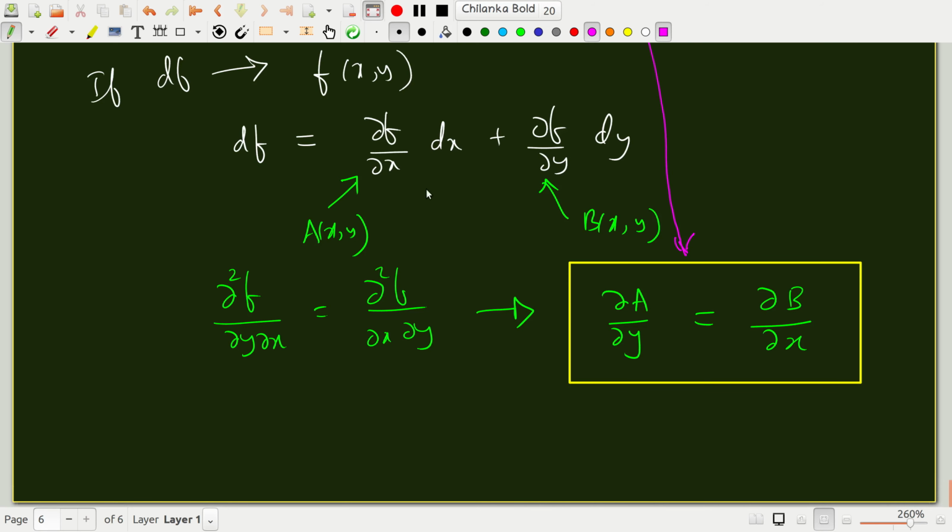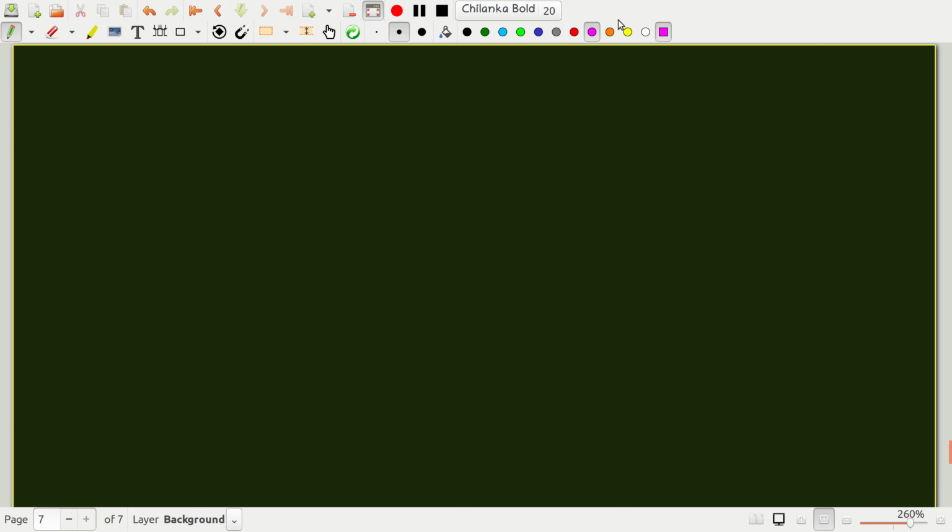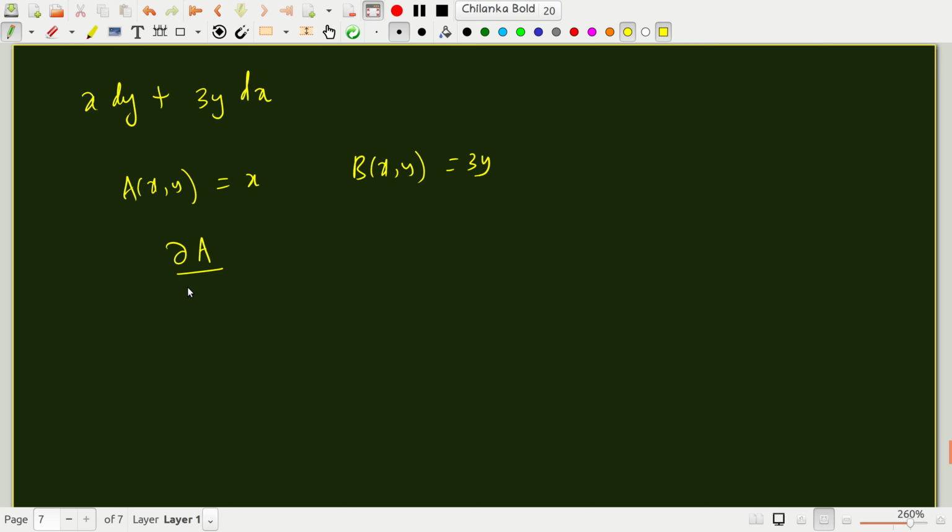Now, let me quickly tell you what happens in the simple example we took, x dy plus 3y dx. Let me rewrite this a little more carefully, because I had first written the differential dx and then dy.